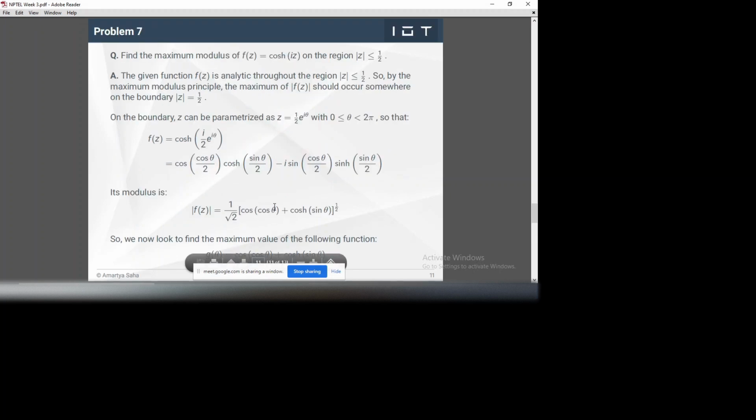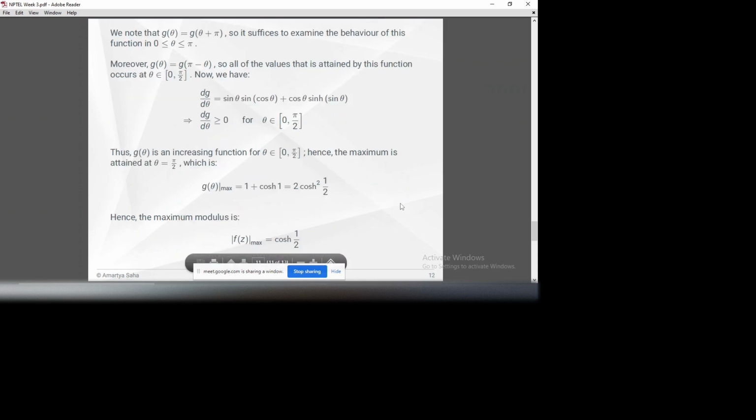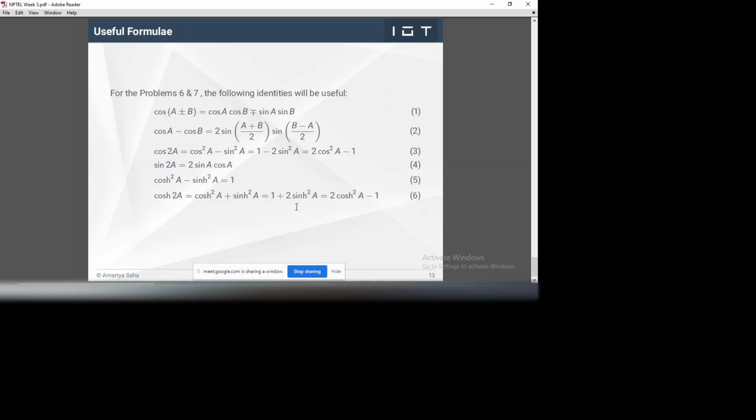Put theta equal to pi by 2. Cos of pi by 2 means 0. So cos 0 means 1, plus cosh of sin(pi by 2), which is 1, so 1 plus cosh 1. And from our half angle formula, cos 2a is 2 cos squared a minus 1.